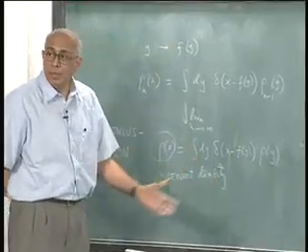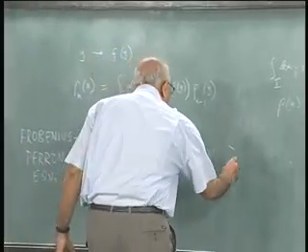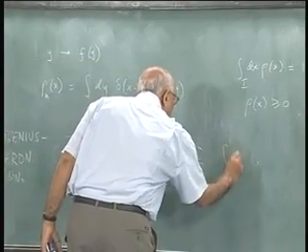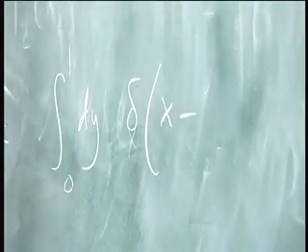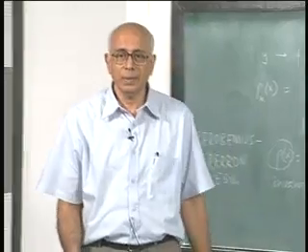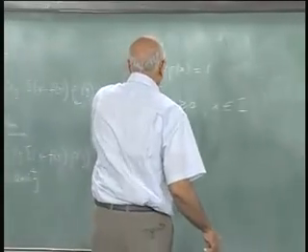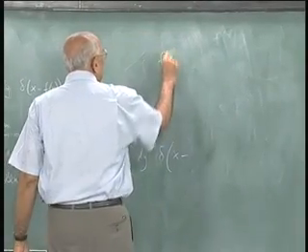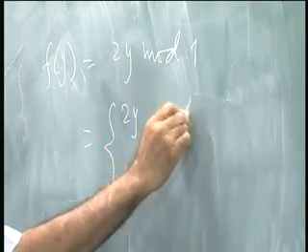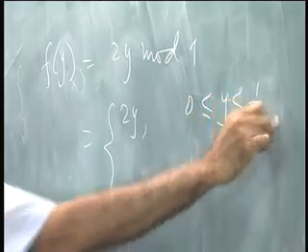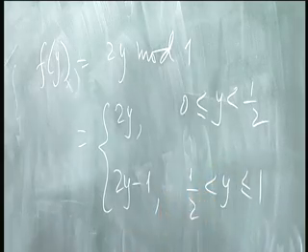Now let us apply this immediately to our problem of the Bernoulli shift. We can write this down, so for the Bernoulli shift this is equal to the integral from 0 to 1 dy of a delta function of x minus f of y, but what is f of y? It is 2y modulo 1, but that is not going to be so trivial, because f of y equal to 2y modulo 1 is equal to 2y for 0 less than y less than half, and it is equal to 2y minus 1 for half less than y less than or equal to 1.